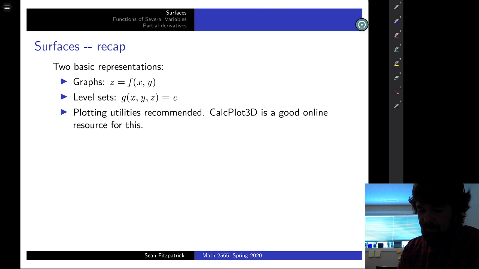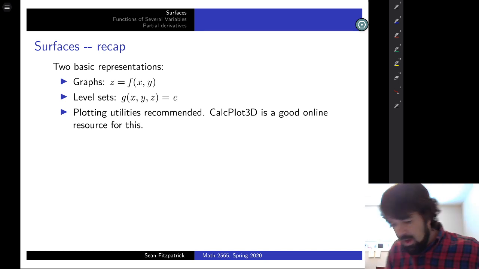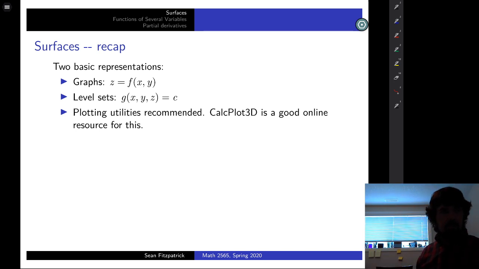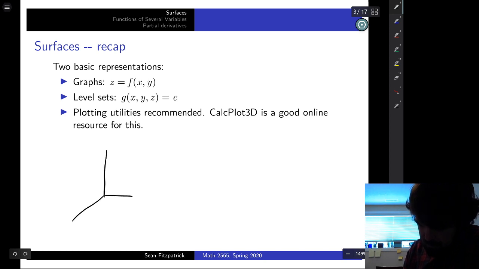Let's talk surfaces. There's a couple of different kinds of surfaces that you encounter when you're starting out with functions of several variables. Graphs and level sets. We saw some examples of this last time. A typical example of a graph might be something like, say, z is equal to x squared plus y squared.